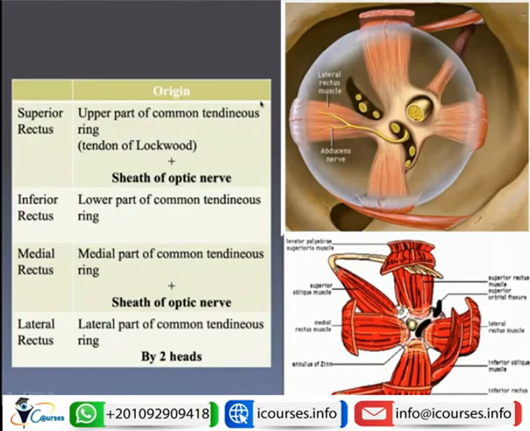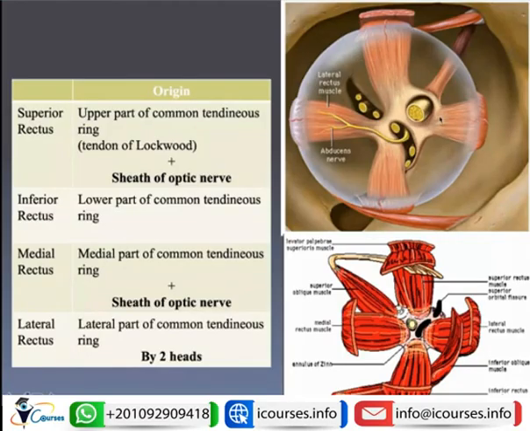Let's start first to talk about the origin. Where do the superior rectus, inferior rectus, medial rectus, and lateral rectus take origin from? As we said in the previous lecture, they take origin from the common tendinous ring. So the superior rectus here will take origin from the upper part of the annulus of Zinn, while the inferior rectus will take origin from the lower part of the annulus of Zinn.